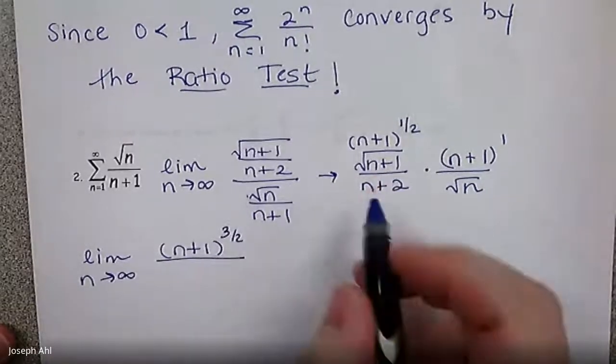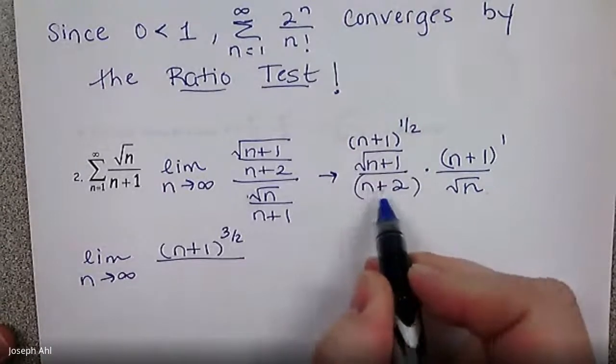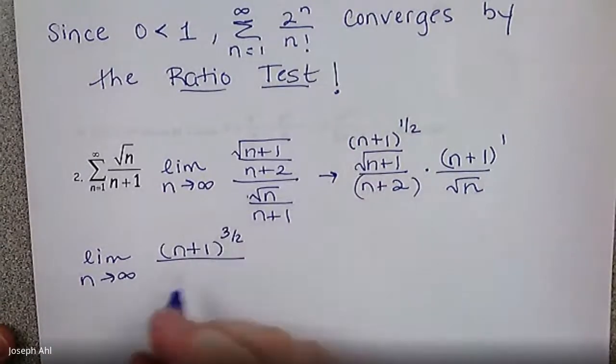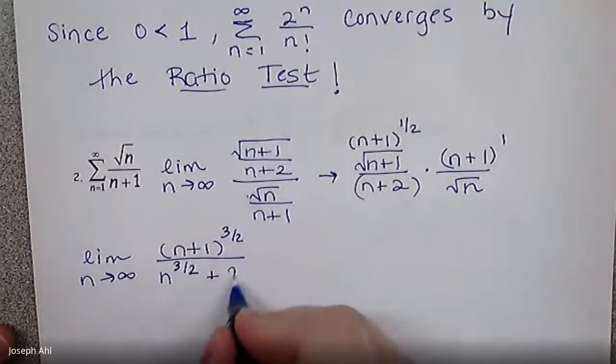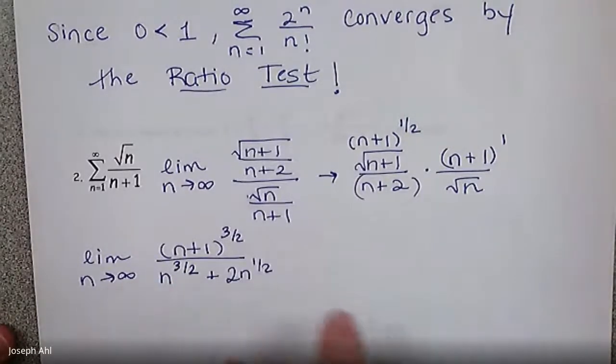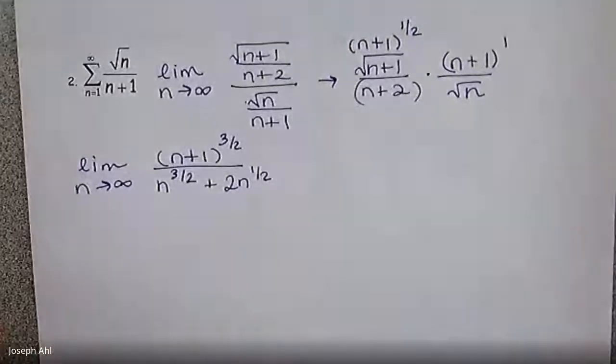And on the bottom, if you multiply n plus 2 times radical n, n to the first times n to the 1/2 is n to the 3/2, plus 2 times radical n, or 2n to the 1/2 if you want to write everything with fractional exponents.